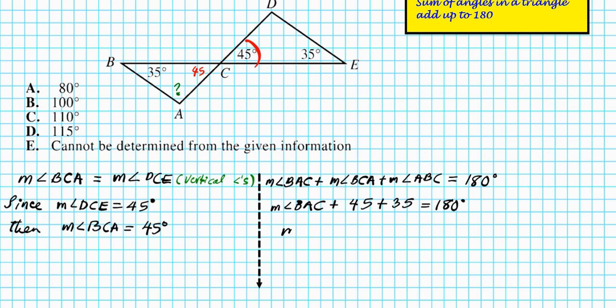Measure of angle BAC plus, if you add these two together, you get 80 degrees equals 180. And then you subtract 80 from both sides. And measure of angle BAC is what? 100 degrees. So your answer is option letter B.